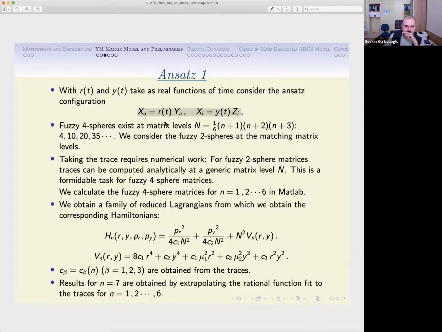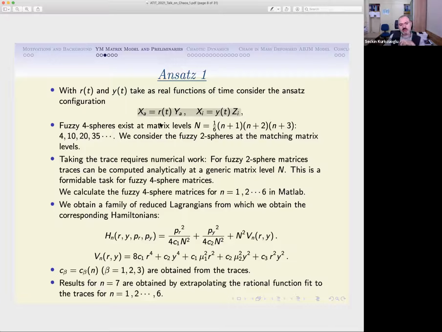Well, of course, if we simply were taking traces over fuzzy two-sphere matrices, it would have been rather easy to evaluate all the traces analytically and obtain a full analytic answer at any matrix level. But it turns out to be a very difficult task to take traces in a generic representation of SO(5), like the (0,n) representation I displayed in the previous slide.